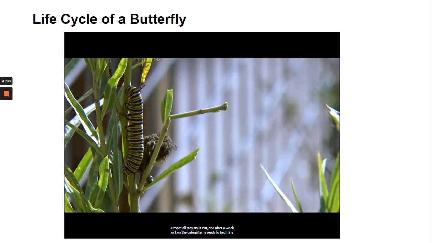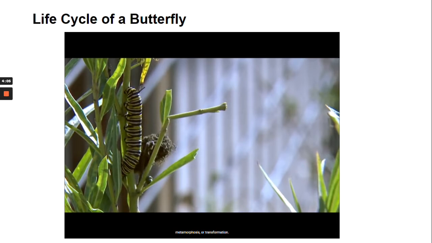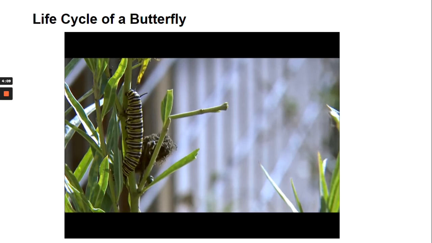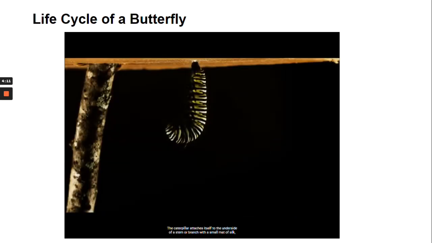Almost all they do is eat, and after a week or two, the caterpillar is ready to begin its metamorphosis, or transformation. The caterpillar attaches itself to the underside of a stem or branch with a small mat of silk, and hangs upside down in the shape of a J.